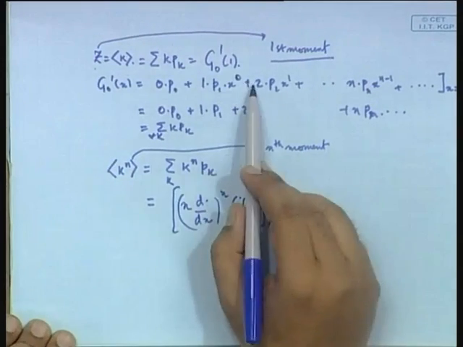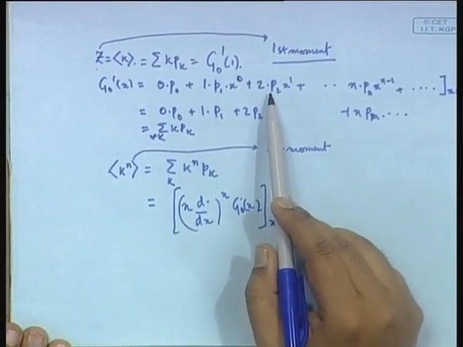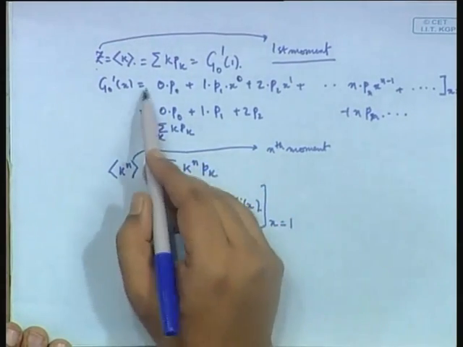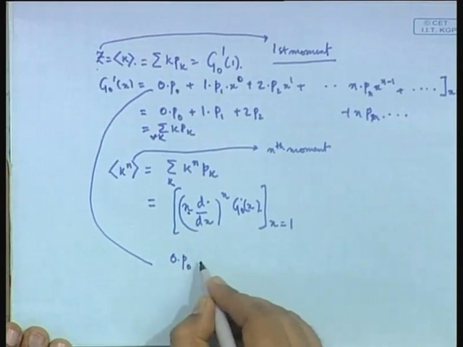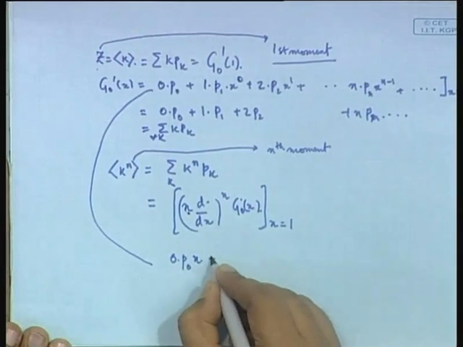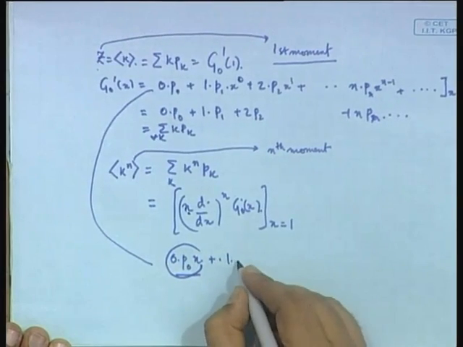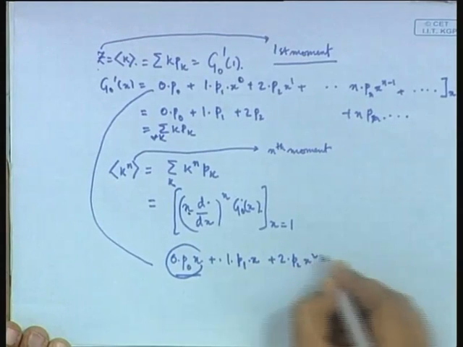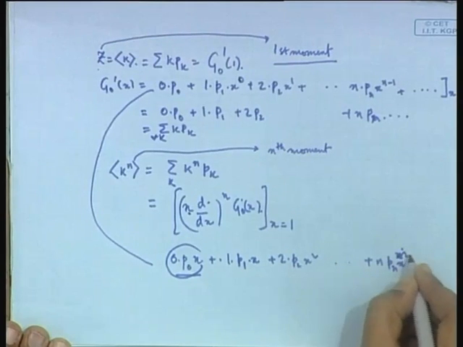Every time you differentiate, the x powers get one less, so then you multiply by x once. From this step, if I have x, it will become 0 into p0 into x plus 1 into p1 into x plus 2 into p2 into x square plus n into pn into x to the power n.